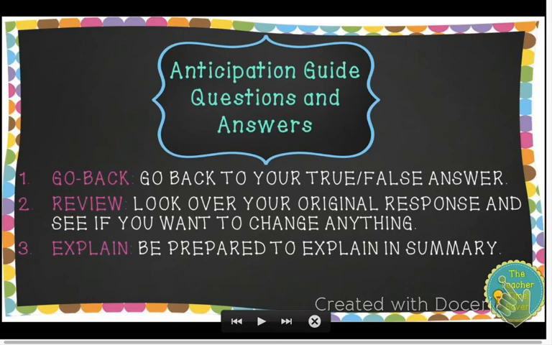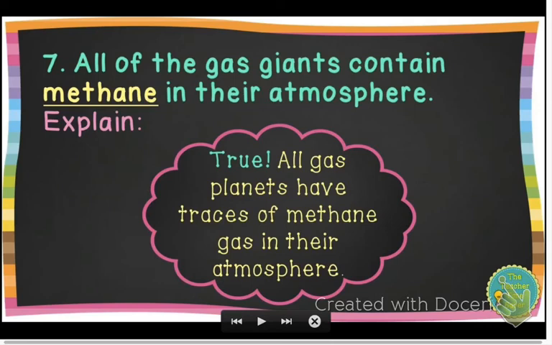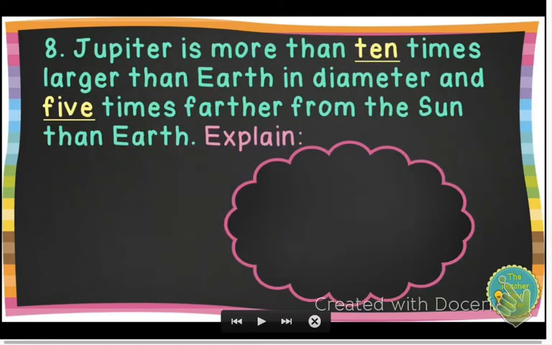Okay, we're going to go back to those first 2 true-false questions and see what you think. 7. All of the gas giants contain methane in their atmosphere, so do you think that is true or false? It's true. All gas planets have traces of methane gas in their atmosphere. 8.